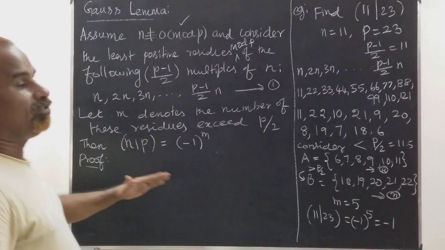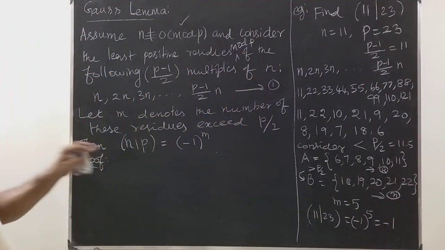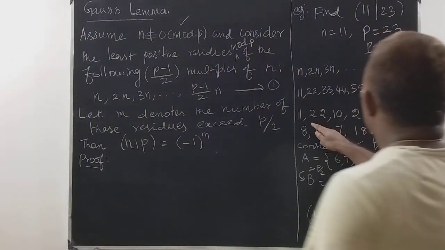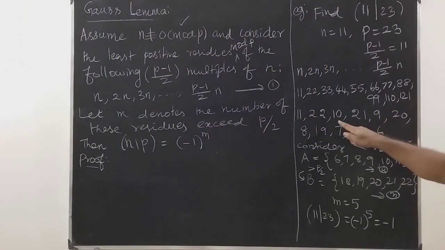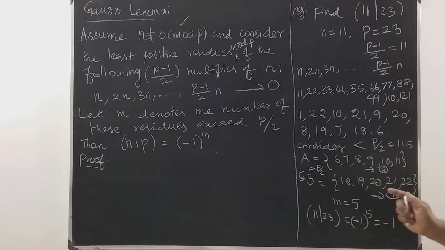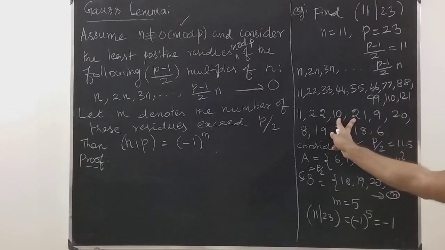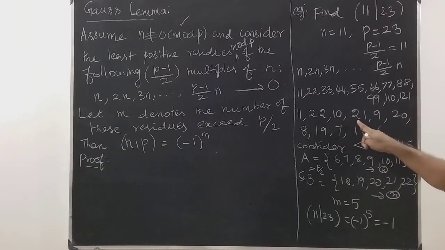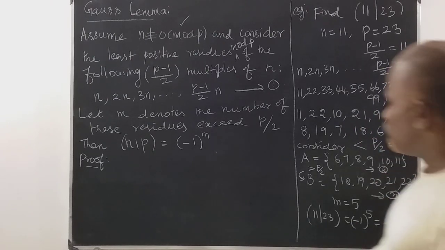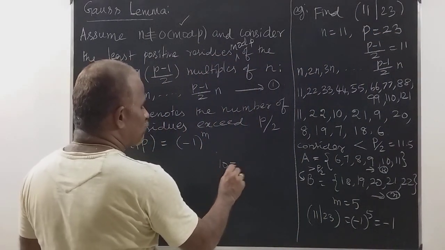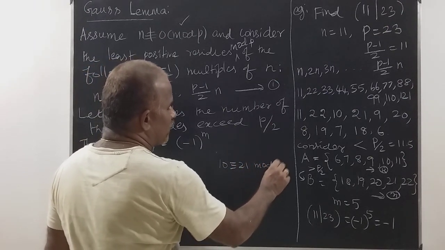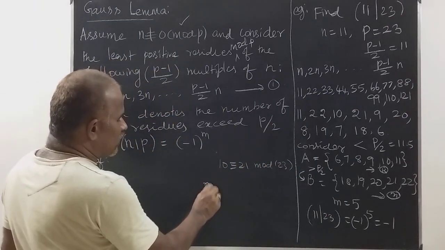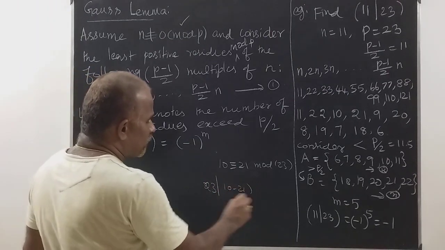Now how to prove this, we will see. Here there are 11 numbers, each incongruent to the other elements. If you take any pair, suppose 10 is congruent to 21 mod 23, that means 23 divides 10 minus 21.